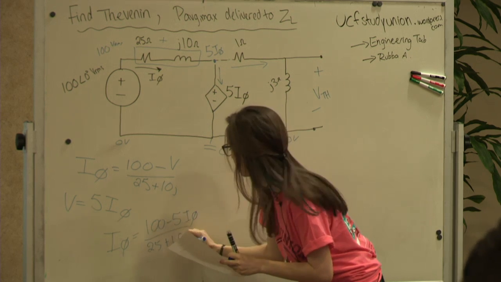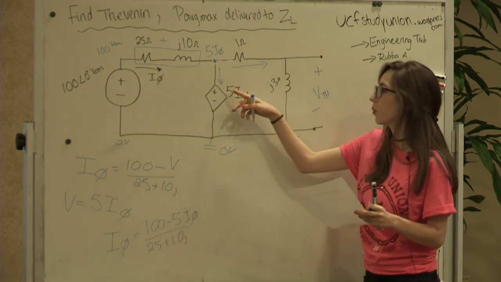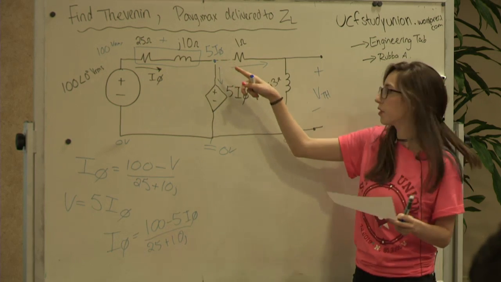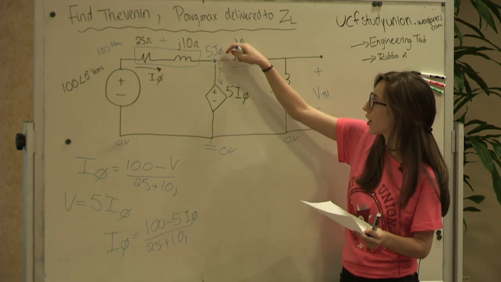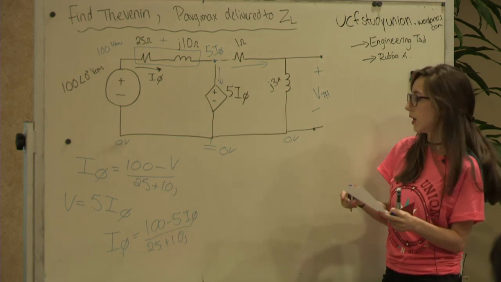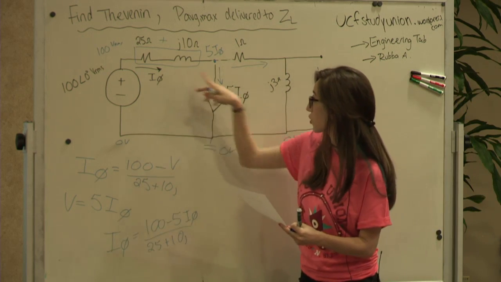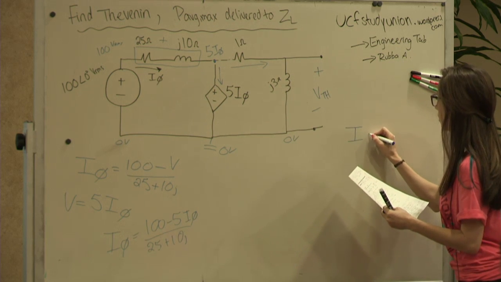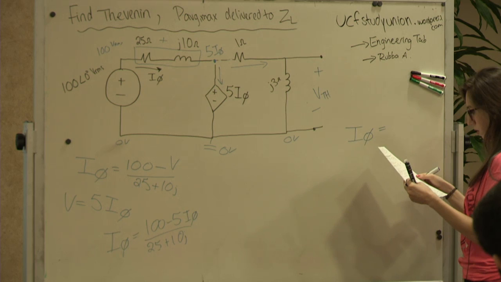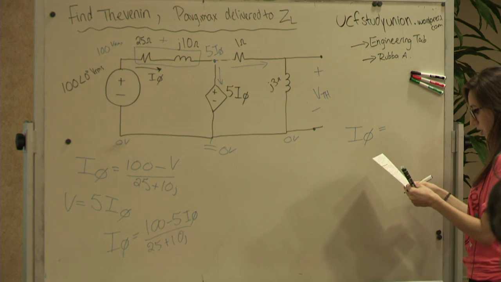Yeah, we can. Because if you see, we can't do a node voltage here. It'd be a really tricky supernode right here because you can't represent this current. But as you see, because of this relationship, right away you can solve for IO. IO ends up being, where is it on here?